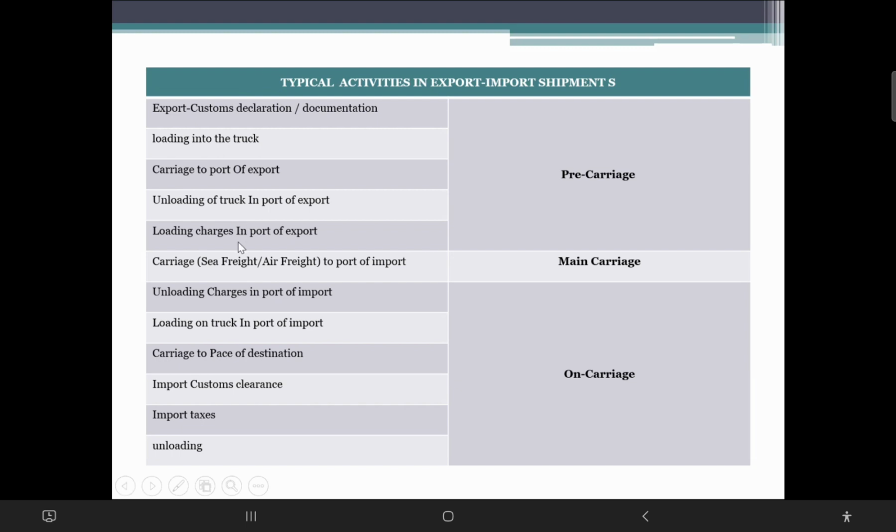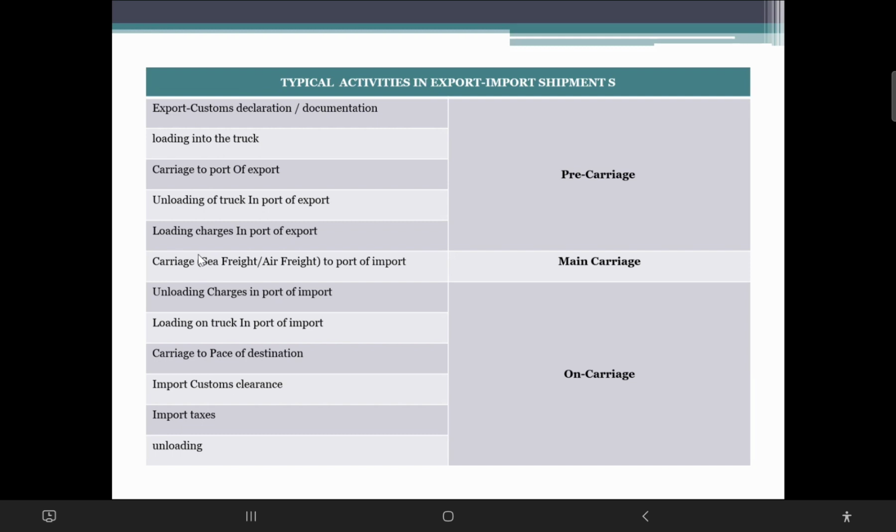Then loading back onto the vessel, you pay there. Then the main carriage, the sea freight, where we pay the freight. Once it reaches the port, there are unloading charges from the vessel, then loading back onto the truck, carriage to the place of destination, import clearance, import duties, and unloading at the applicant's place.